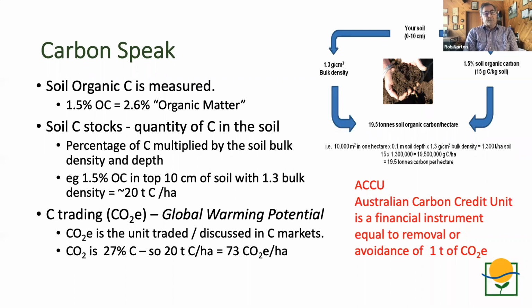We'll work out why that's equivalence in a moment, but CO2 equivalent is the unit traded, and it's the unit discussed in the carbon markets. And carbon is 27% of CO2. So 20 tonnes of carbon is in fact 73 tonnes of carbon dioxide equivalent. That's the trading carbon capital in that soil at 1.5% organic carbon in the top 10 centimetres. The reason we go through that convoluted process is because the Australian Carbon Credit Unit is 1 tonne of carbon dioxide equivalent.